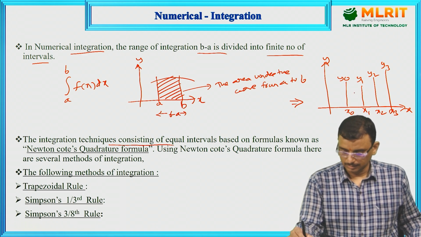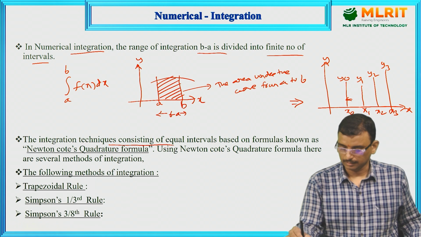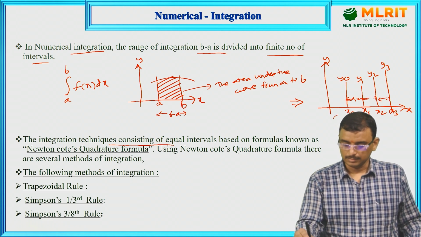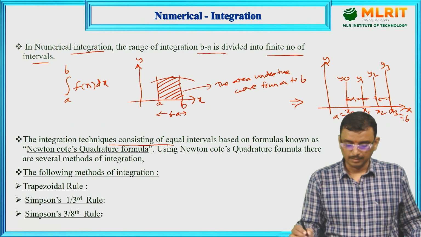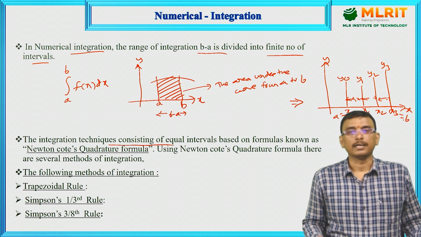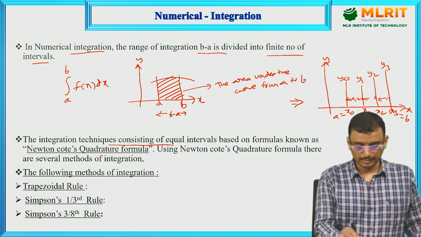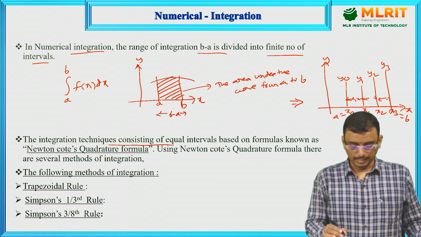We are dividing into equal intervals: x1 minus x0 and the next interval are also equal. This is a and this is b. Now we are dividing the area under the curve from a to b into equal intervals.